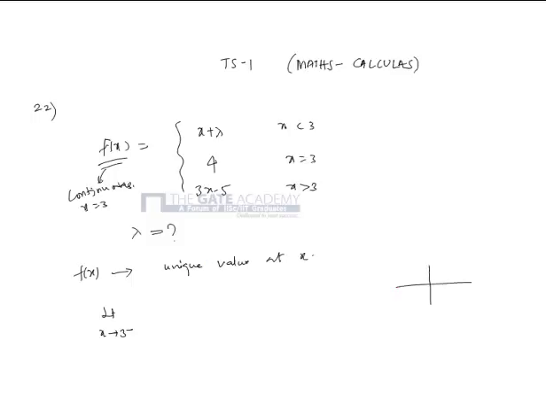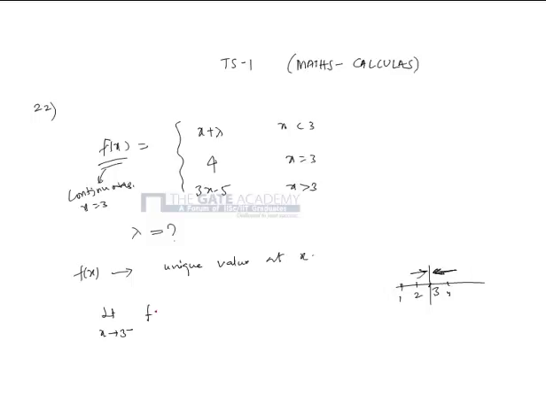So something like this, you have 1, 2, 3, 4. x is approaching 3 from the left side, and if x is approaching from the right, then x is higher than 3. In that case I'll write x tends to 3 plus.